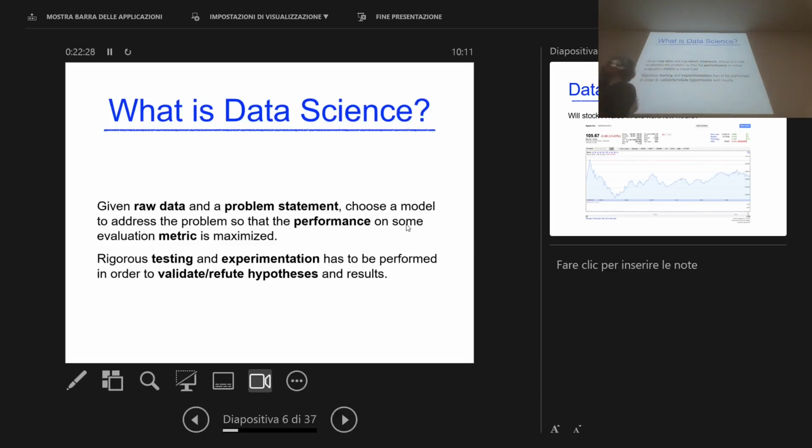Okay, so don't put beers near wine, near water, near soda or Coca-Cola, whatever. Put the beers side by side with the snacks. My guess is that we will increase the revenues. Is that true? You need to prove that it is true. So you need to formulate an hypothesis, and you need to do testing and experimentation with what goal? Refute or validate your hypothesis. Okay. Is it true that by moving these objects together we will increase the revenues? Stuff like that. Okay.